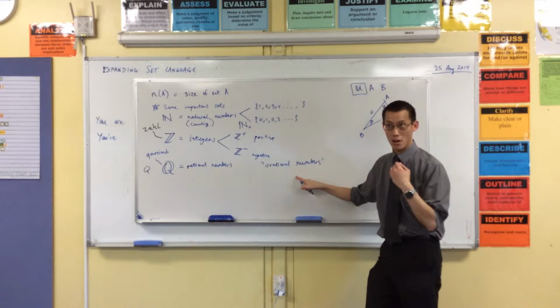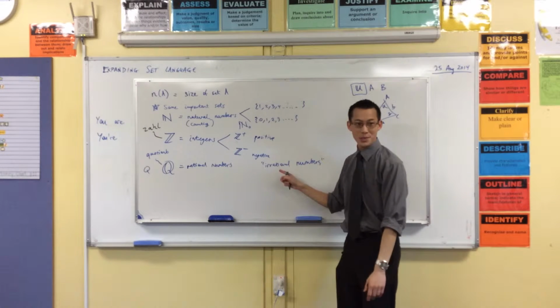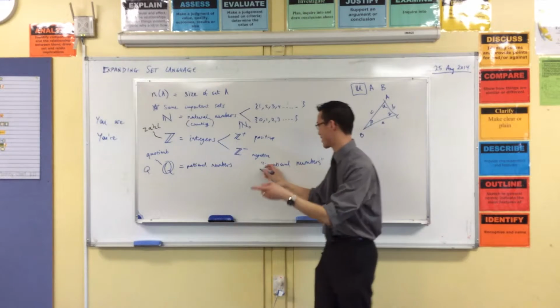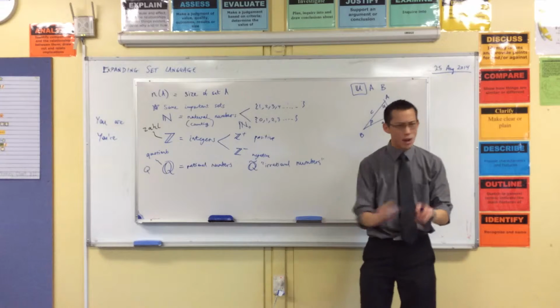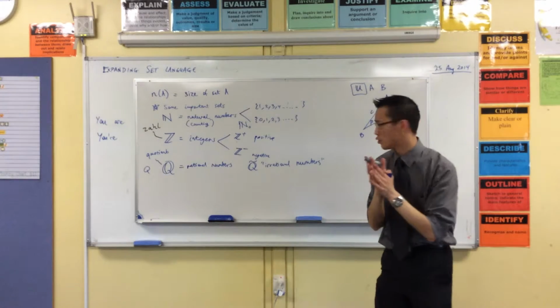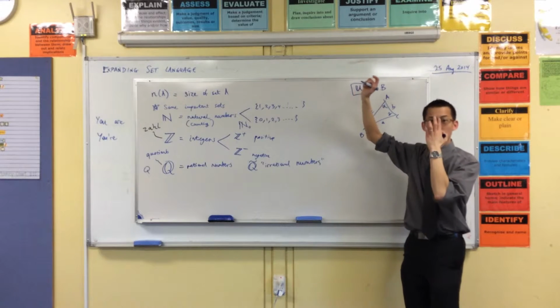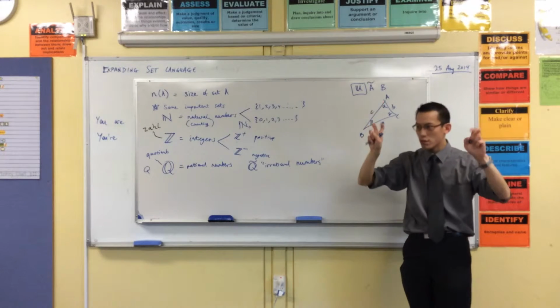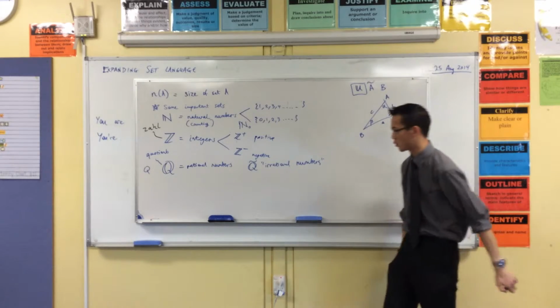Irrational means not rational. So the most common sense way to write this would be to say it's the complement of Q. Now obviously, you've got to be a little careful, because we've seen before that the meaning of a complement changes based on what your universal set is. So you have to be careful with that, but this one's useful.